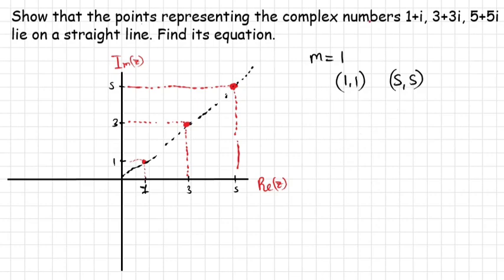So I'll choose the point (5, 5). You can choose any of the 3 points. So if I have the point (5, 5), I'll use this equation: y minus y1 is equal to m, open bracket, x minus x1. Understand that using any point will give you the same result.